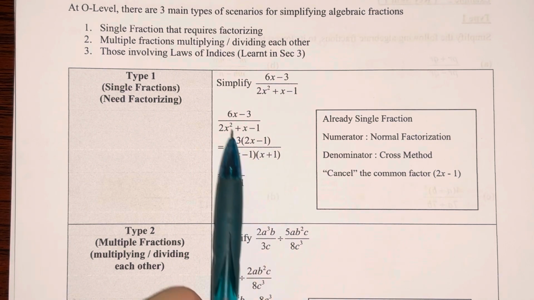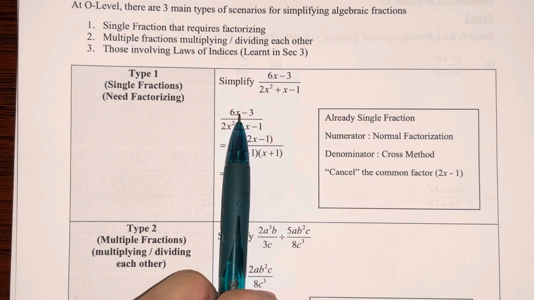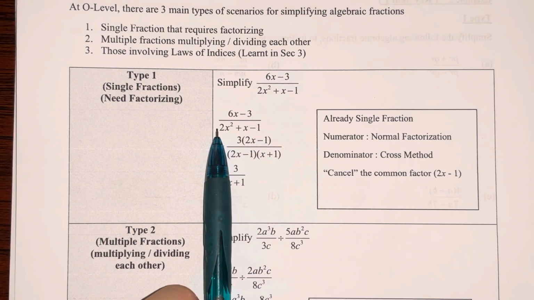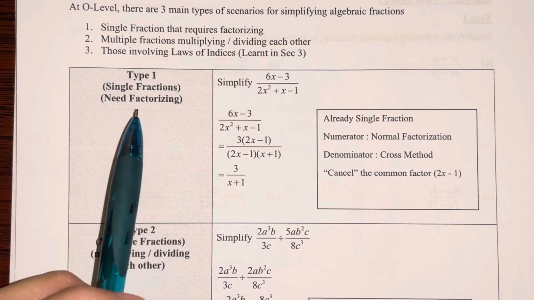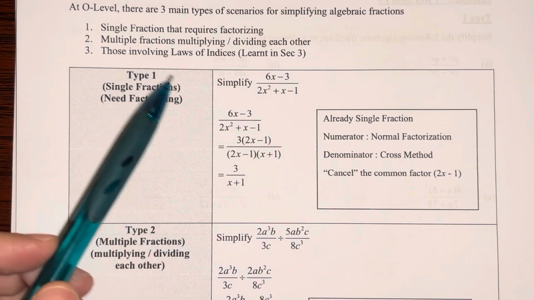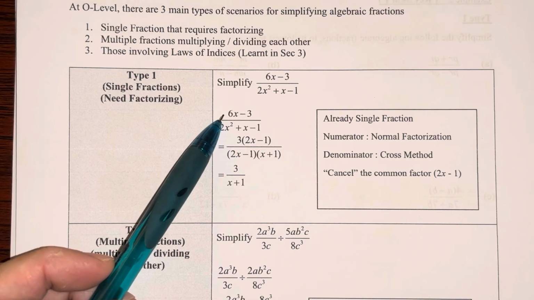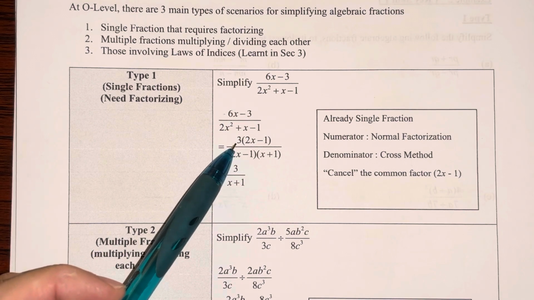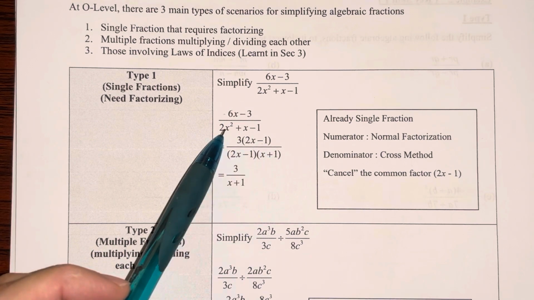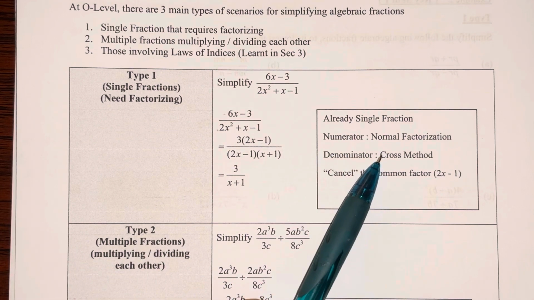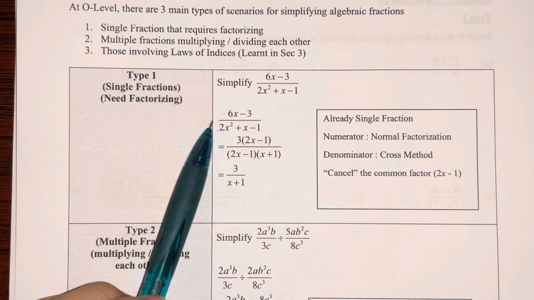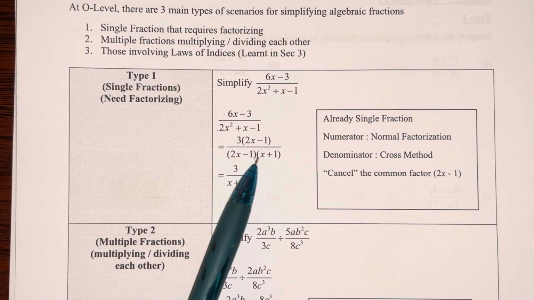The next step will be to factorize the numerator and to factorize the denominator. So again, factorization comes into play. Factorization, very important. For the numerator, we're just going to do a normal factorization. We're going to take out 3, we're left with 2x minus 1. For the denominator, this is actually the cross method. After we do the cross method, we have 2 brackets.